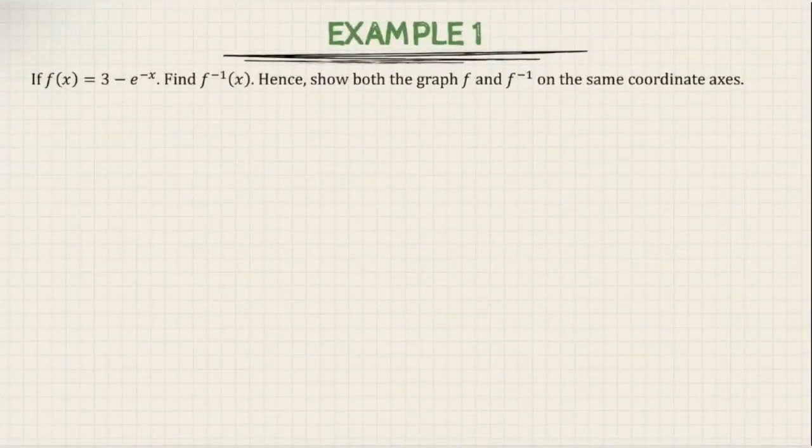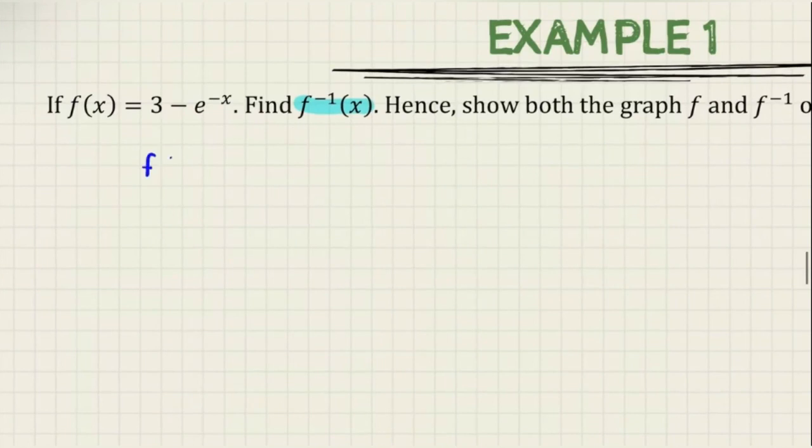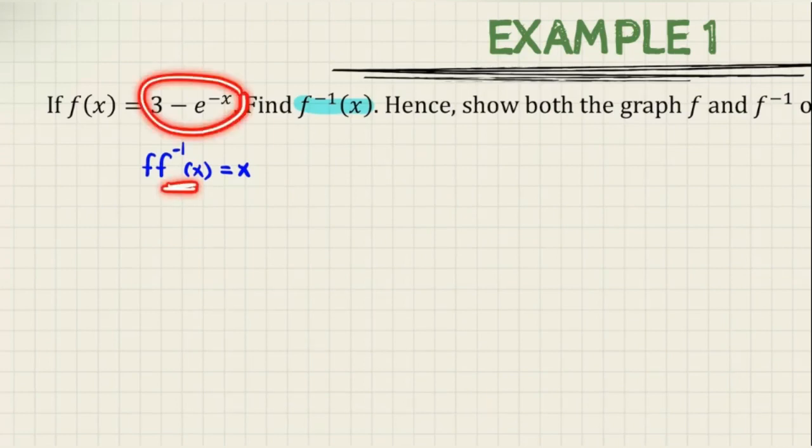So first of all, if fx equals to 3 minus e of negative x, find the f inverse. Okay, so let's start with writing f of f inverse of x is equals to x. So kita akan masukkan f inverse dalam this function.